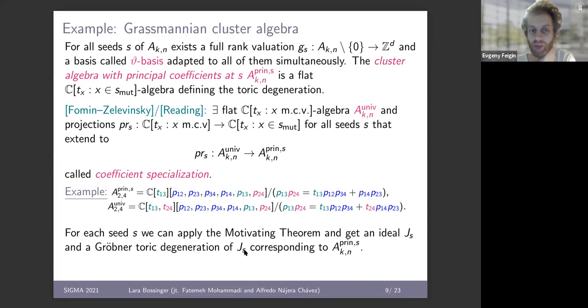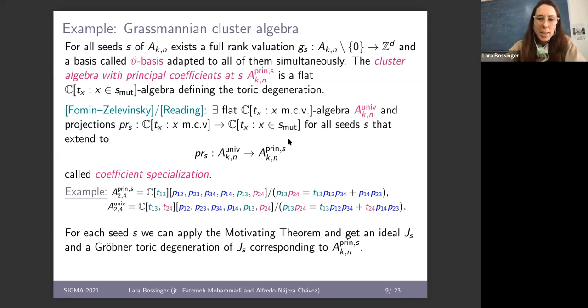Lara, I'm sorry, one more question. So what is your S mute? Yeah. So S is always my notation for a seed, and mut refers to the mutable cluster variables in there. So remember, for the Gr(2,4) already, we have 4 cluster variables that correspond to the boundary that will be part of every seed, and we may as well carry them along here, but they will not have any impact on actually deforming the cluster algebra.